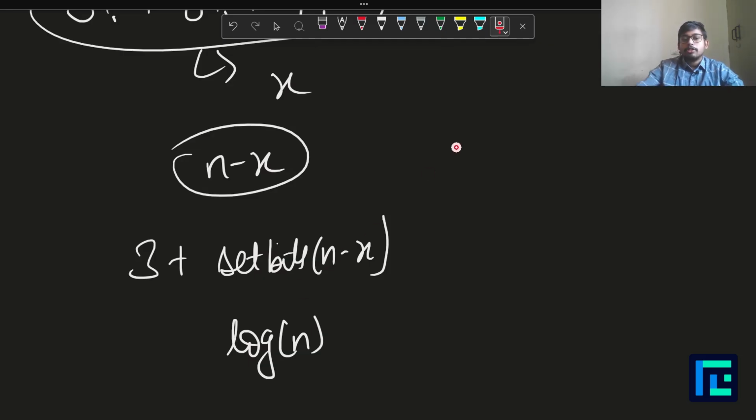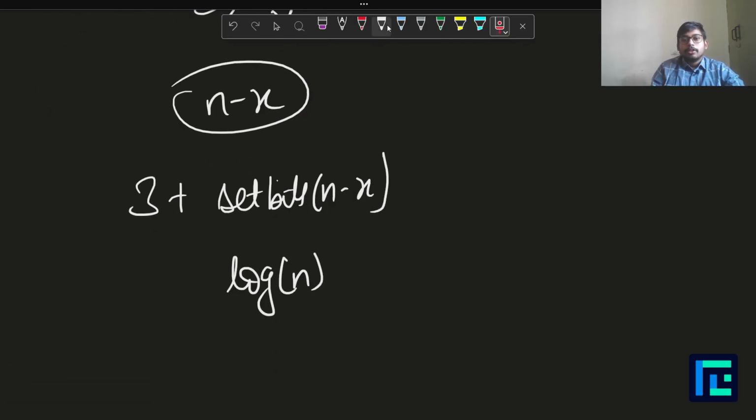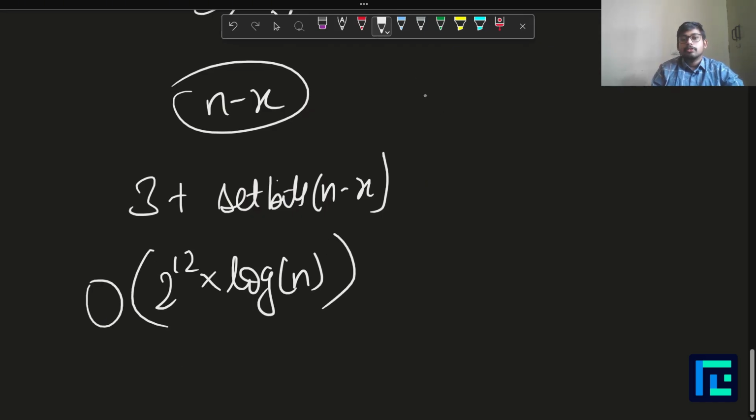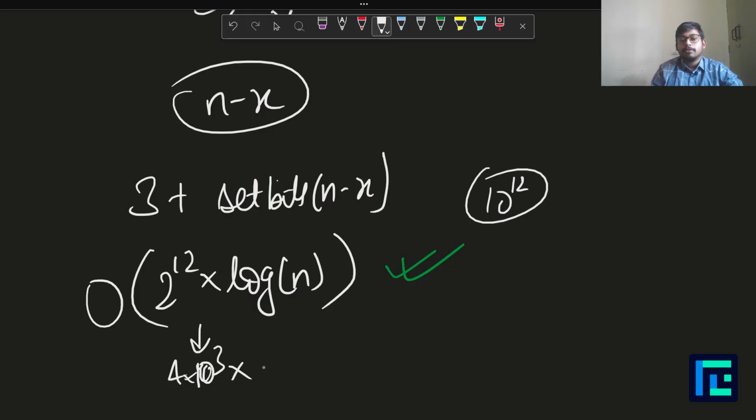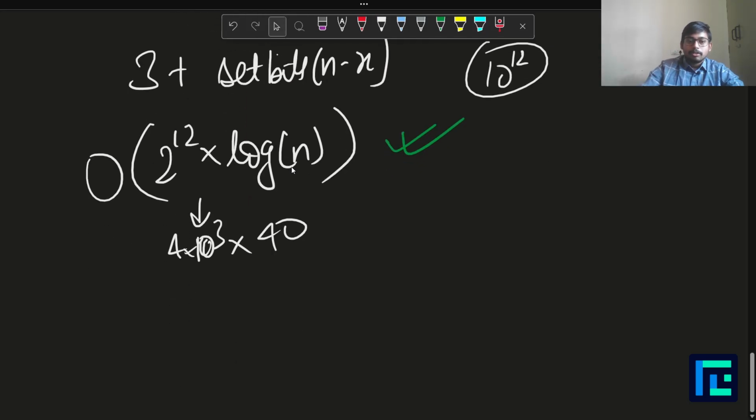So our overall time complexity would be 2 to the power 12 multiplied by log n. So in this time complexity, we can just search through everything. 2 to the power 12 is 4 into 10 to the power 3, and for n as 10 to the power 12, log n would be approx 40. Okay, we may even check up till 60, there is no problem. So this would be like 1.6 into 10 to the power 5.